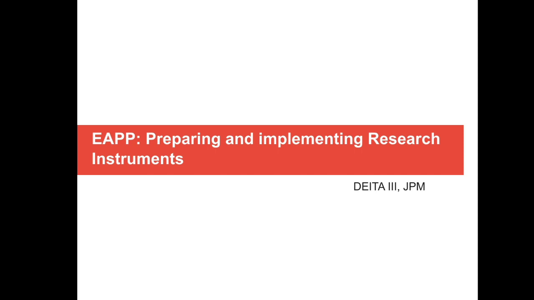When you're conducting a research, you need to prepare and implement the appropriate instrument to gather the data you need. When you prepare an instrument, you must ensure that it is valid and reliable. So for today, we'll be talking about those things, and how you would be preparing and implementing your research instruments properly. Let's get started.